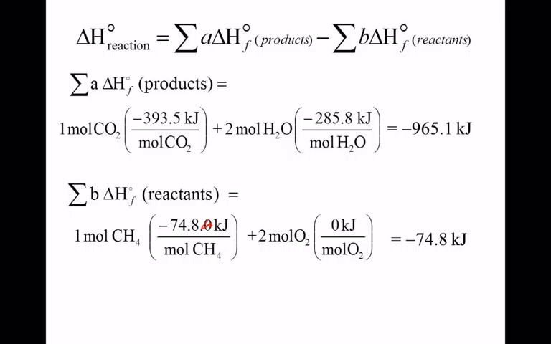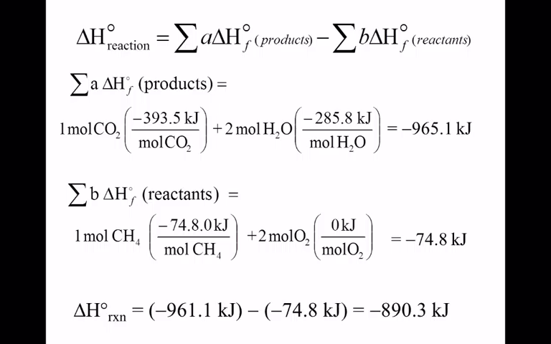So then we have just a subtraction left. So we take the negative 965.1 minus a negative 74.8, and we get a negative 890.3 kilojoules. So what do you think, endothermic or exothermic?